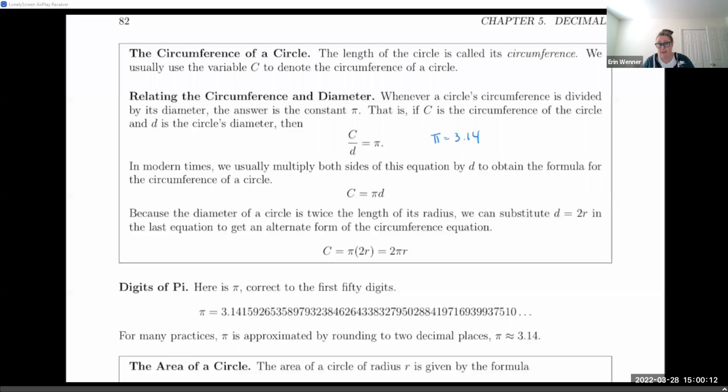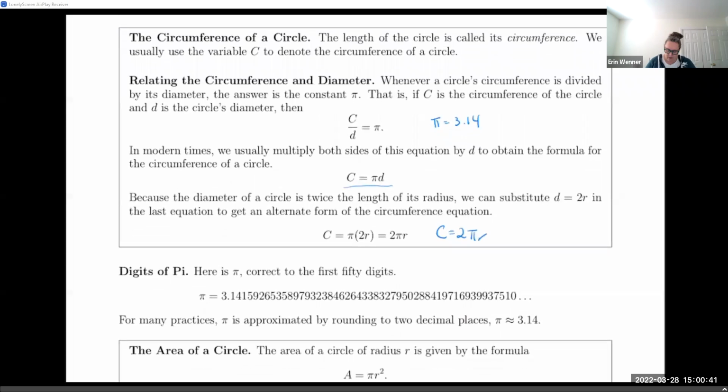And the whole way they found this relationship was taking the circumference of a circle and dividing it by its diameter. And so in modern times, we usually multiply both sides of this equation by d to obtain the formula circumference equals pi times diameter. Because the diameter is twice the length of its radius, we can substitute 2r for d, and we get that the circumference is equal to 2 pi r.